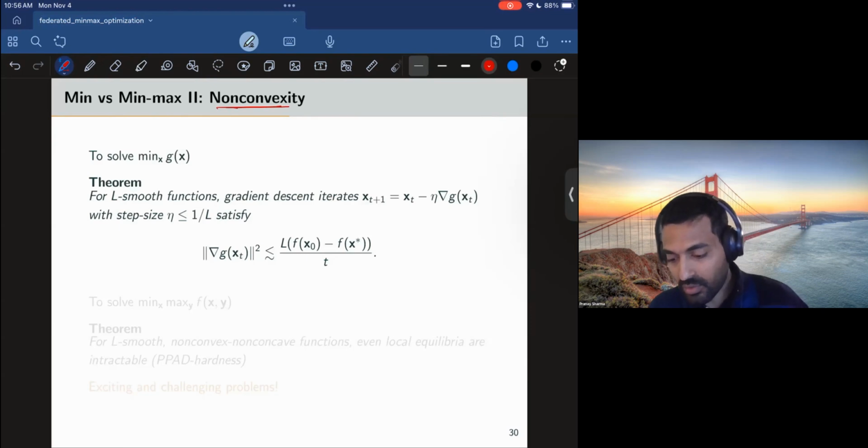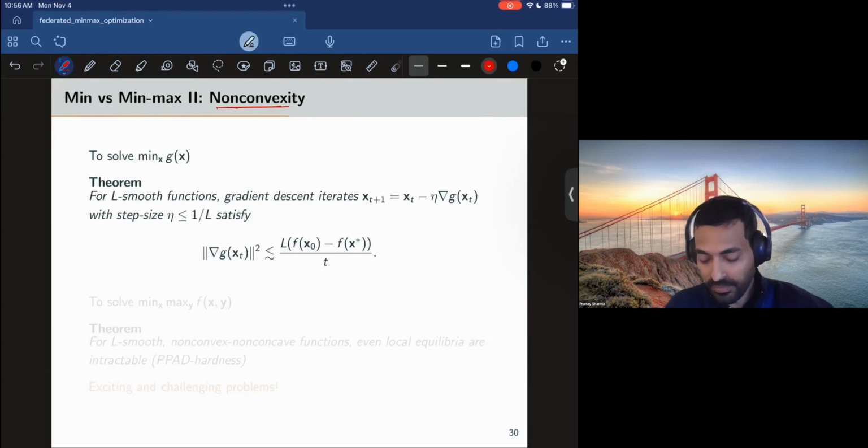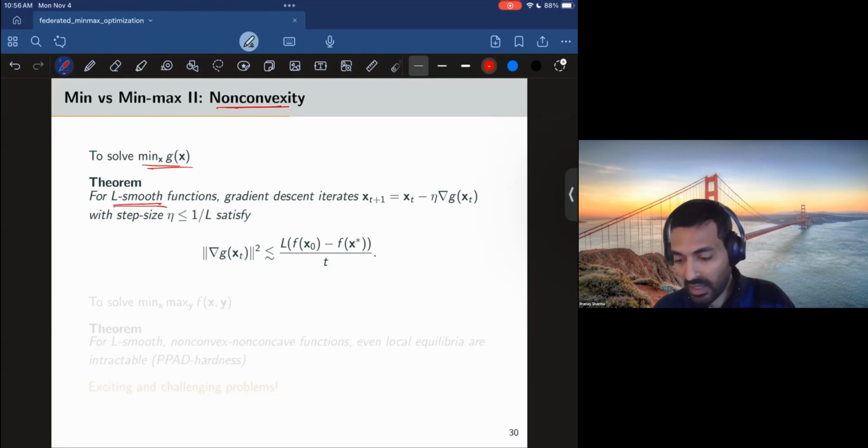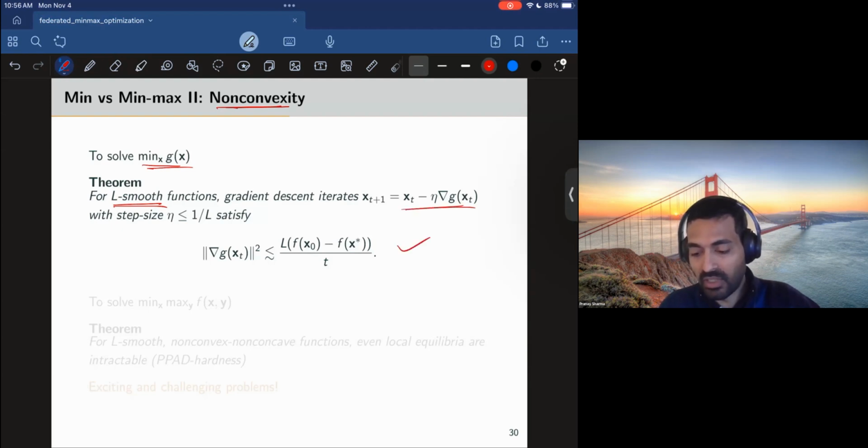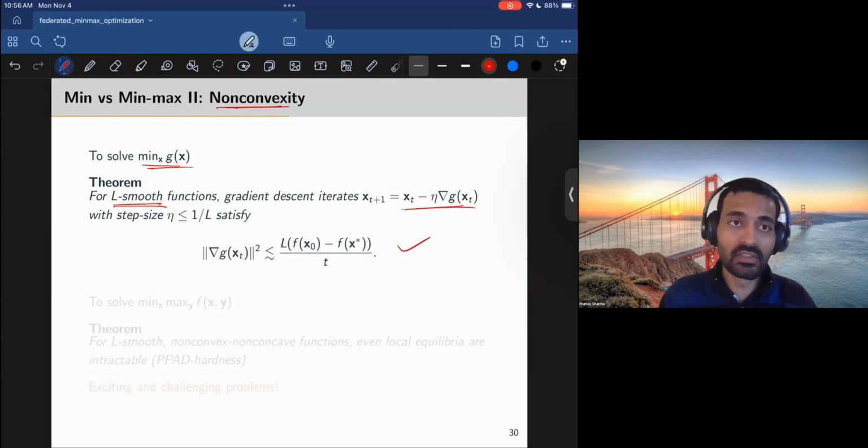I think these are also results you have seen in the course. So if we solve minimization problems, and now we are only assuming smoothness. As long as the functions are smooth, gradient descent iterates would satisfy this inequality. Because these are non-convex functions, you cannot achieve optima, right? It's a hard problem, meaning you need a lot of computation.